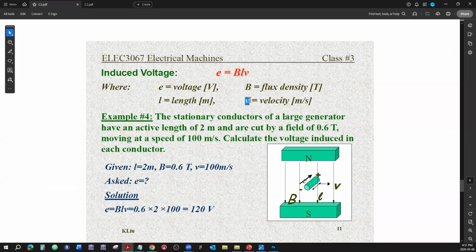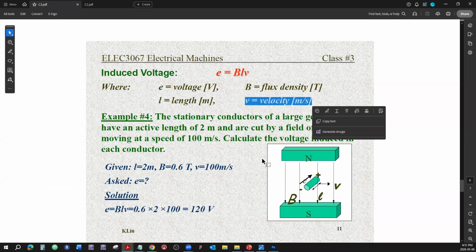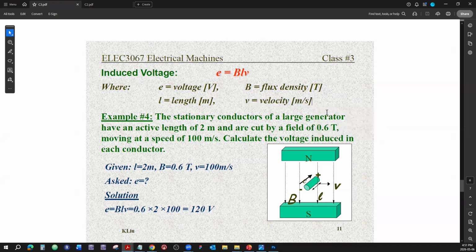And you see we're dealing with linear velocity, which is going straight across, as opposed to angular velocity. If we know the strength of the field, the length of the conductor, and the linear velocity, then we can calculate the voltage.